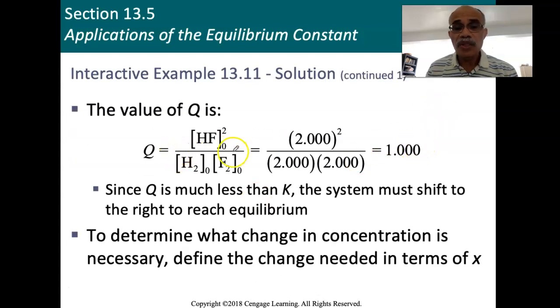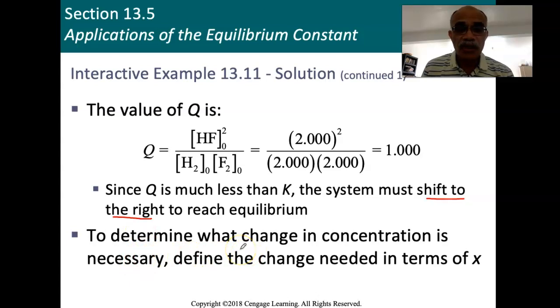So Q is much less than K. So what does that mean? The system must shift to the right. So this is very important. For Q less than K, the system will shift to the right to reach equilibrium.